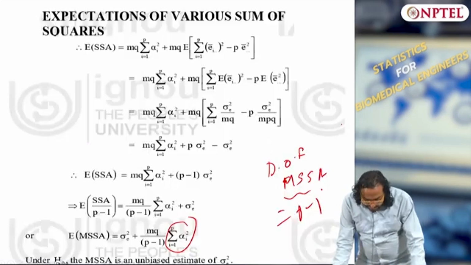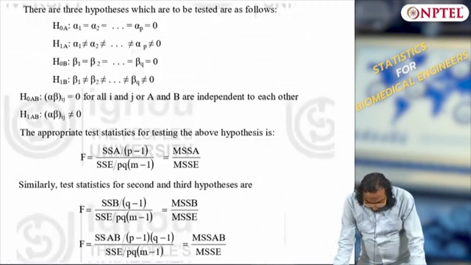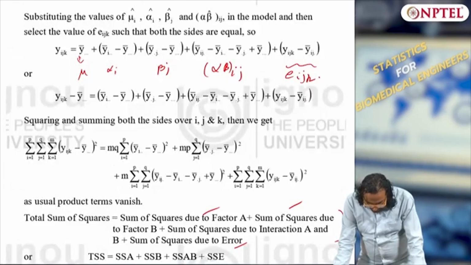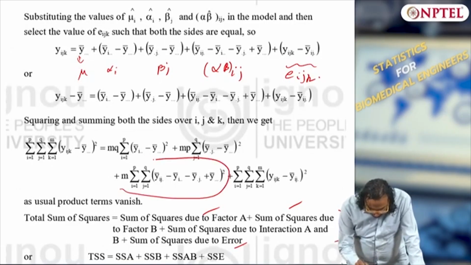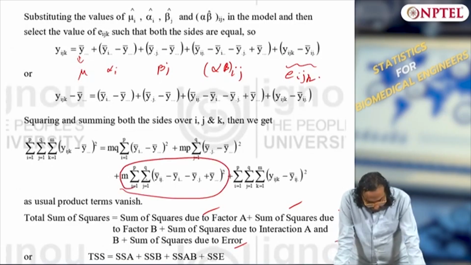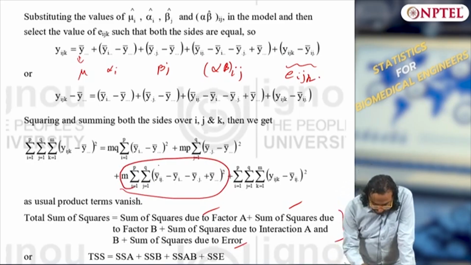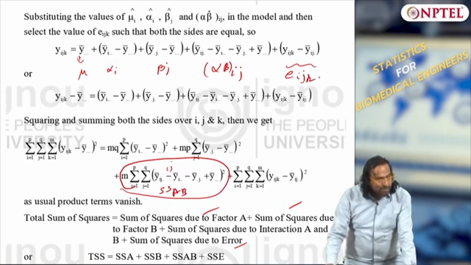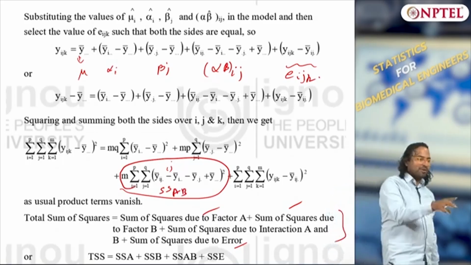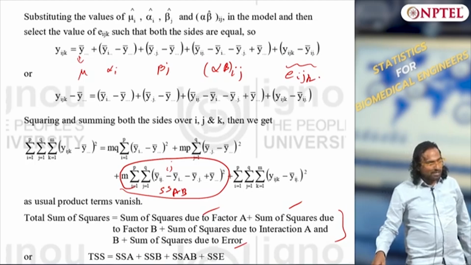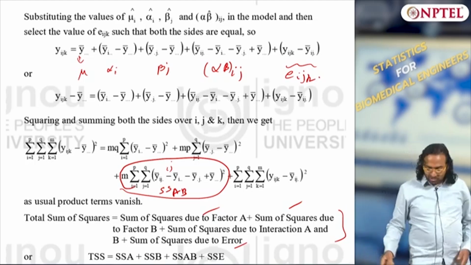This is what your estimate is, this is what your sum squared interaction is. So you have alpha beta ij bar. So this is actually your sum squared AB, but if you expand it, it will be simpler because there will be no interactions, that is why only alpha beta will be there, yi bar dot bar and y dot bar, so interactions will not be there.